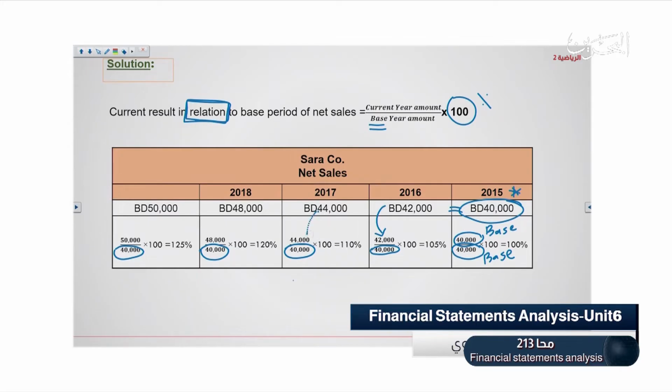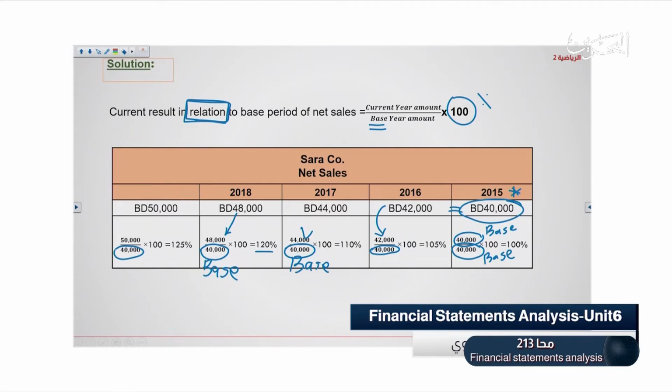44,000 divided by 40,000, the base year also, multiply by 100 equals 110%. For 2018, 48,000 is the current year over the base year, multiply by 100 equals 120%.